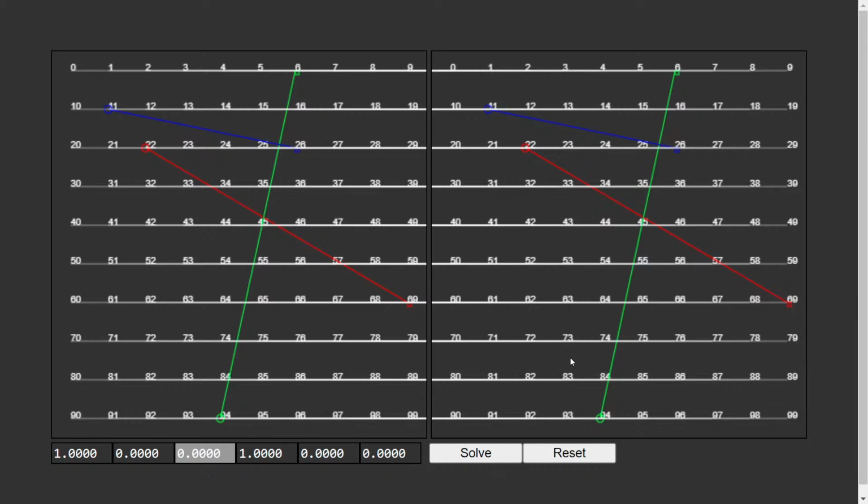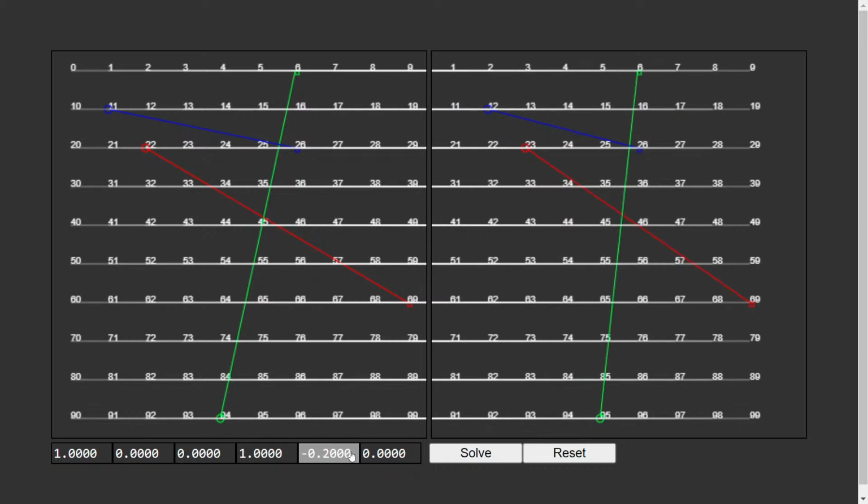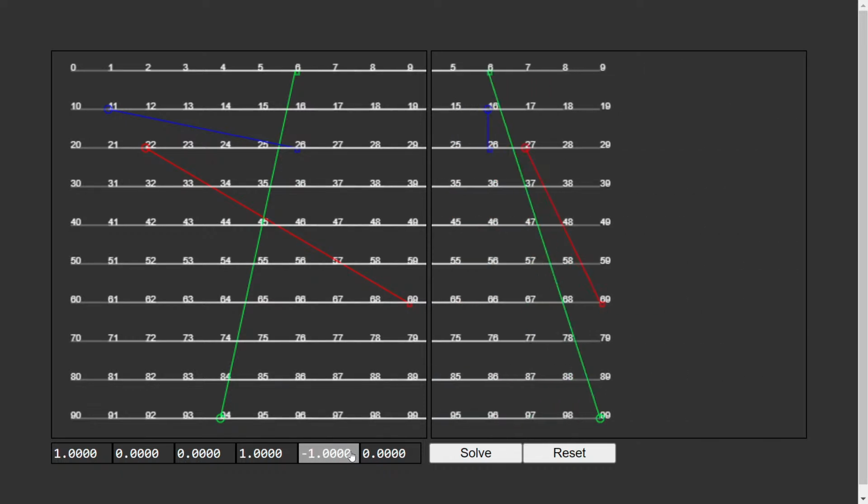So let's ignore the green guy and try to fit blue and red, because they're the closest and they're both kind of similar in direction. Let's see, I can move the entire thing over. Yeah, let's just move the entire thing over, kind of like that.